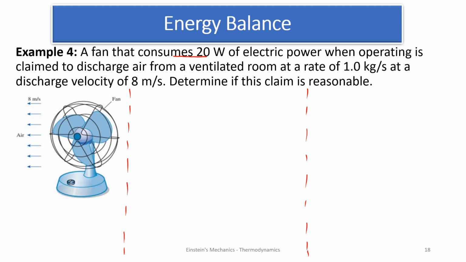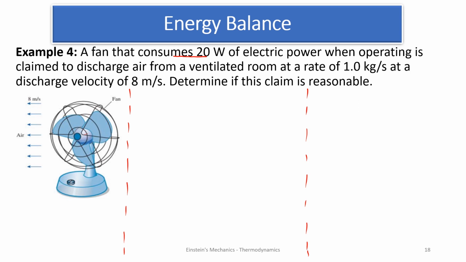Now we are there. Someone is selling this fan, and these are the claims the person is making, that if it consumes 20 watts of electric power, it will give us air rate at 1 kilogram per second at a velocity of 8 meter per second. So as an engineer or as a student, determine if it is true with these parameters given.